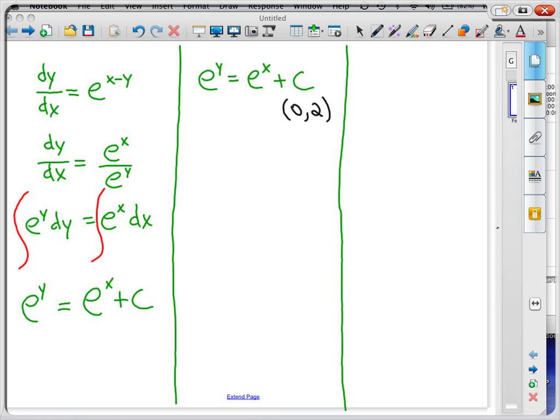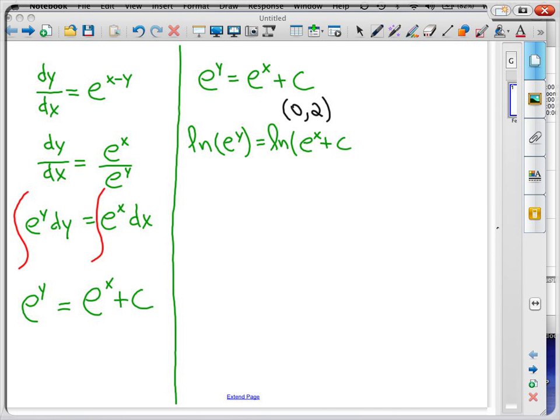And in this case, taking the natural log of both sides is a good choice. And so that gives me that y is going to equal the natural log of e to the x plus c.